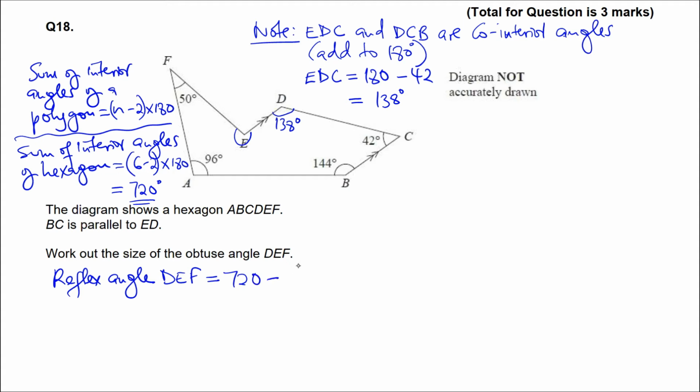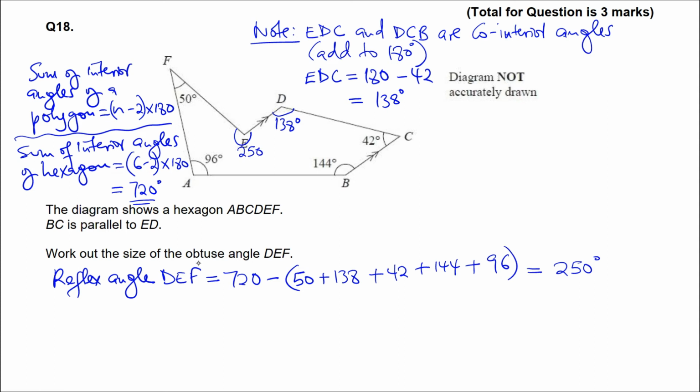If I just add them up, 50 plus 138 plus 42 plus 144 plus 96. 1, 2, 3, 4, 5. Okay, I just check that I have all of them. If you plug this in your calculator, that will be equal to 250 degrees. So this angle here is 250.